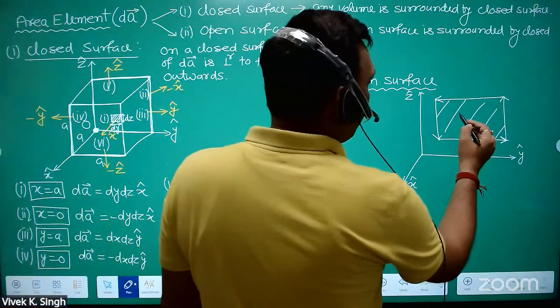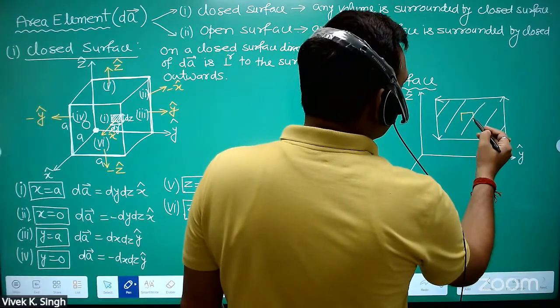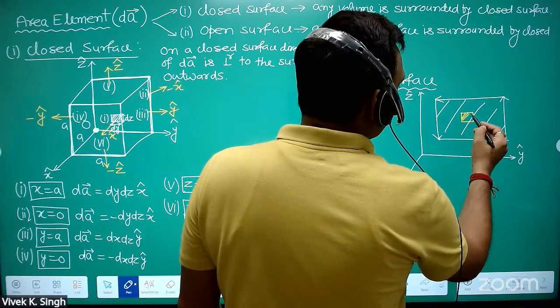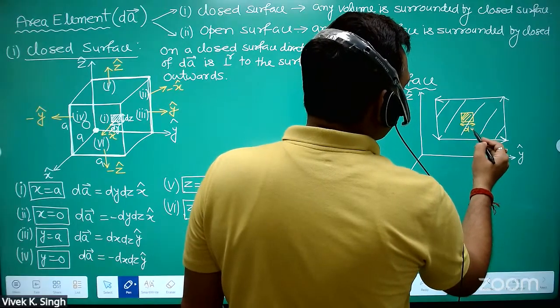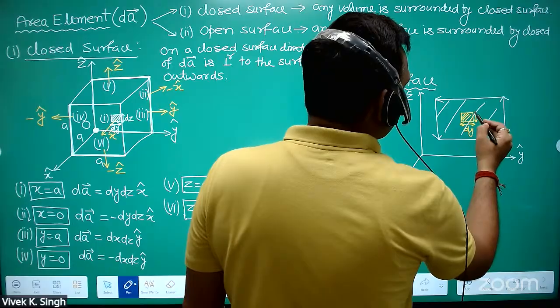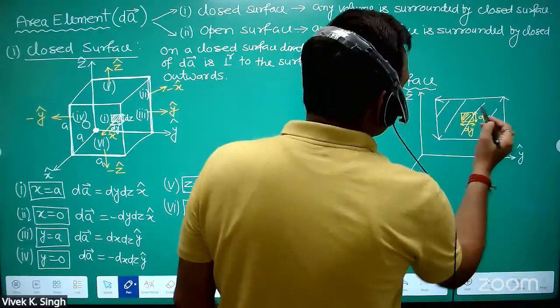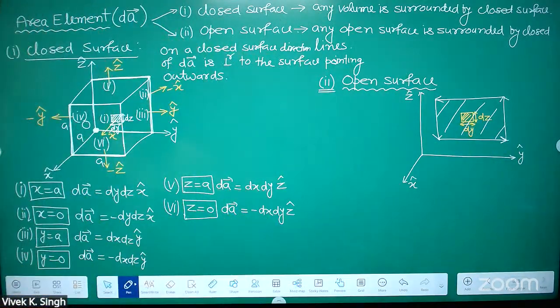Now again, the area element. What will be this side? This is dy and this side is dz. So magnitude you know, it is dy dz.